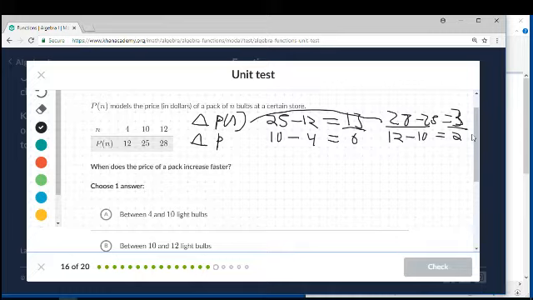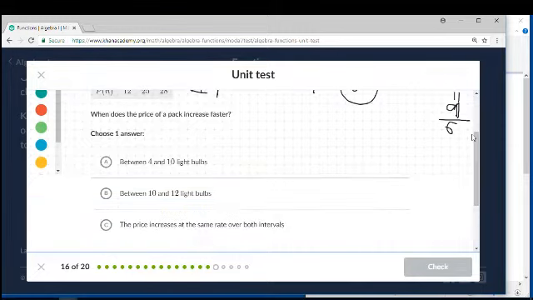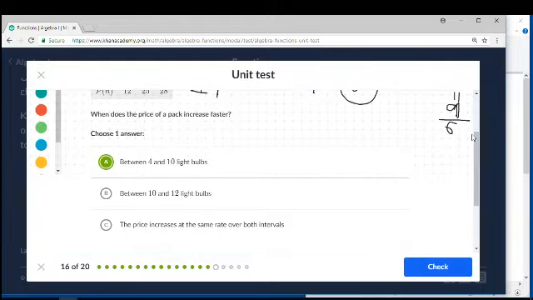So we have 3 halves versus 13 sixths. Okay, so 3 halves is equivalent to 9 sixths, and 13 sixths is a bigger change than 9 sixths. So we have a greater change between 4 and 10 light bulbs.